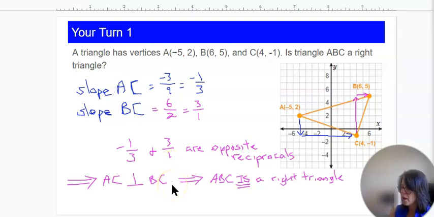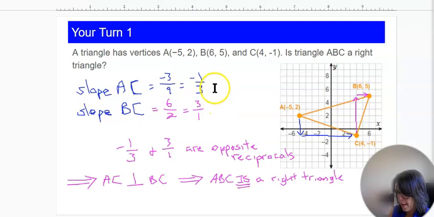All right, check your work. I color-coded here a little bit using arrows so that you can see how I counted my rise over run. Be prepared to ask me any questions that you have in class.